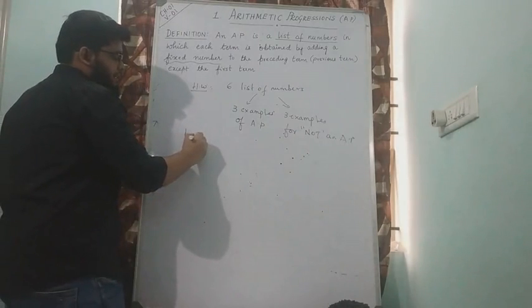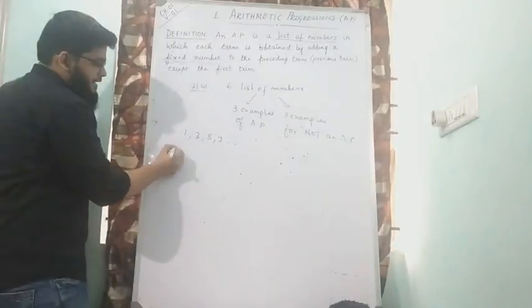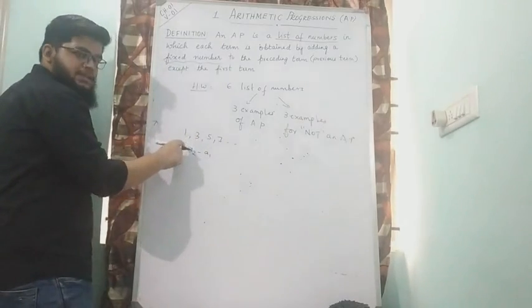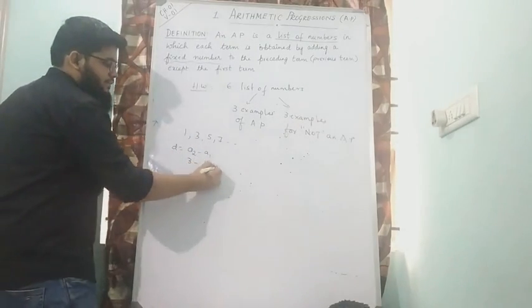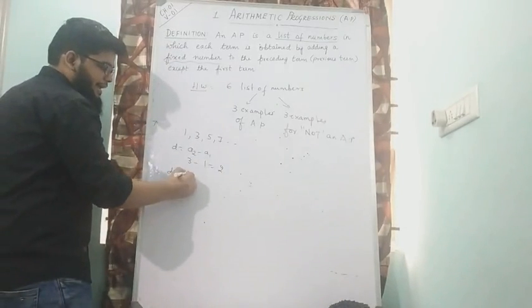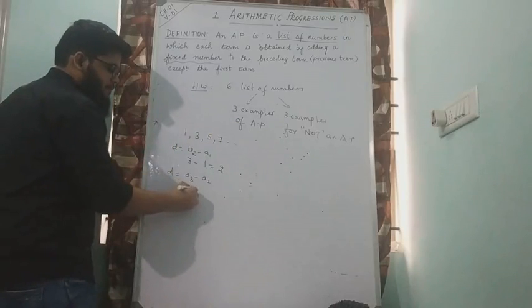1, 3, 5, 7. Let's see what the difference is. D is equal to A2 minus A1, second term minus first term: 3 minus 1, which is 2. I'll confirm it for the other values as well. D is equal to A3 minus A2. A3 is 5 minus A2 is 3.